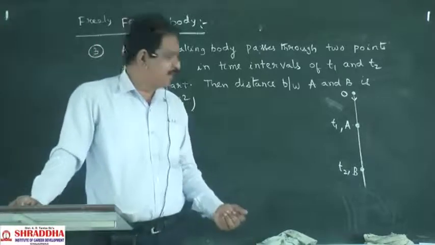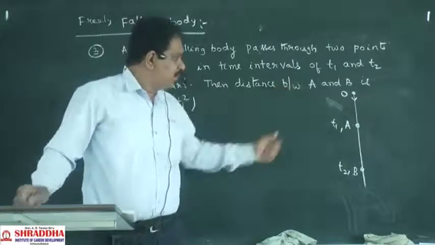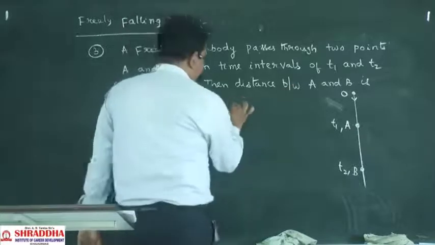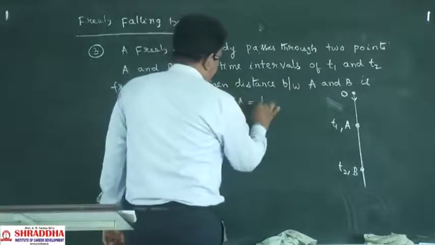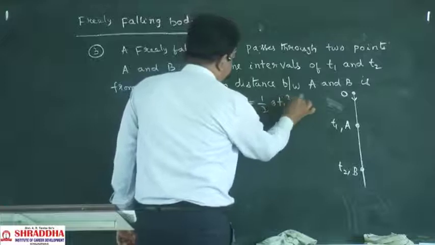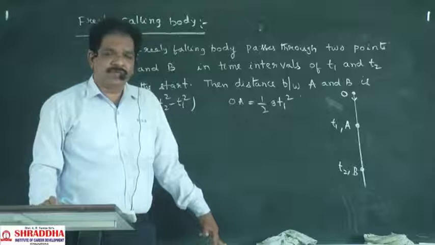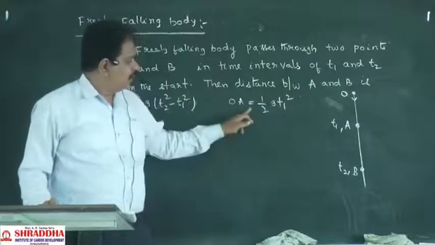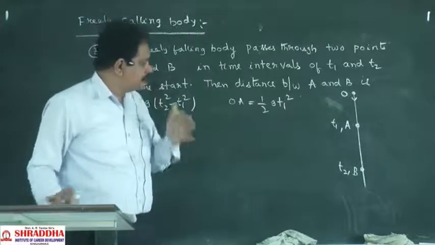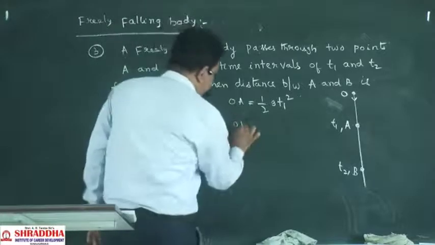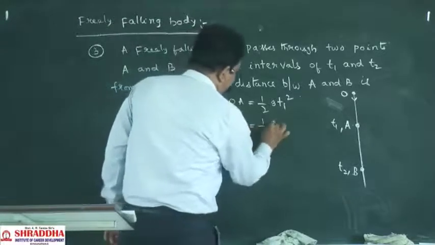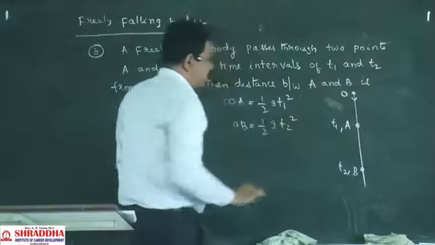Simple, only this is. So OA is equal to how much for a freely falling body? Half g T1 square, from the formula h is equal to half g t square. OA is equal to half g t1 square. OB is equal to half g t2 square.